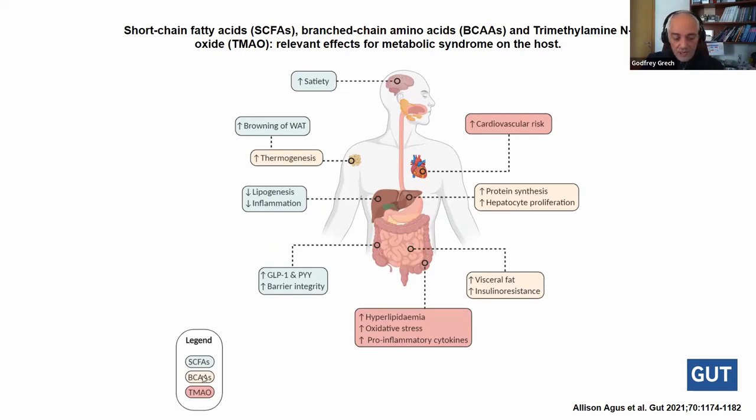Now, branched-chain amino acids are also important, but high levels of these would result in an increase in visceral fat, insulin resistance, and other complications. TMAO is also a product of bacteria through the liver. Good levels are beneficial, but very high levels will become pro-inflammatory and increase the risk of cardiovascular disease.